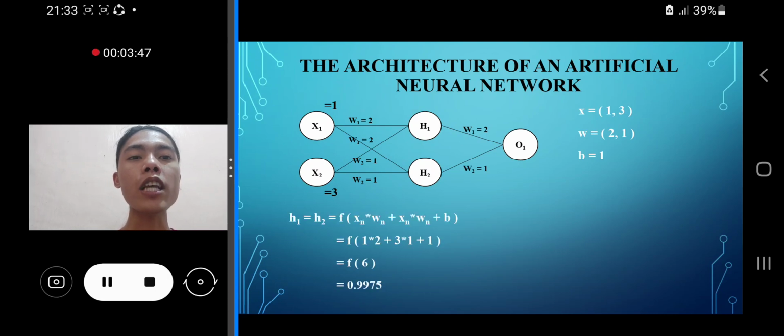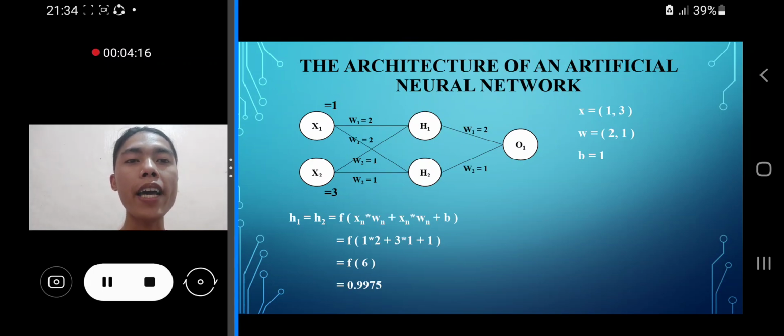So, the computation is, we're going to use a sigmoid, so that it is the function of x sub n. I'm going to use n as a substitute for the number. x sub n times weight sub n plus x sub n times weight sub n plus the bias.